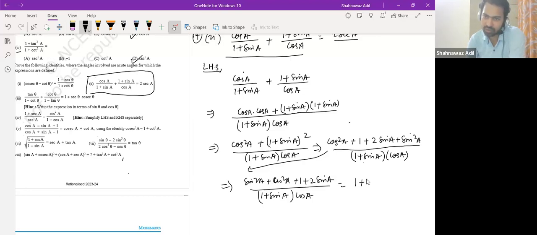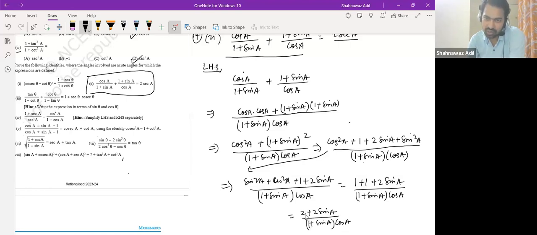So 1 plus 1 plus 2 sin A. So this is 2. So 2 plus 2 sin A divided by 1 plus sin A, and we have this cos A, right?